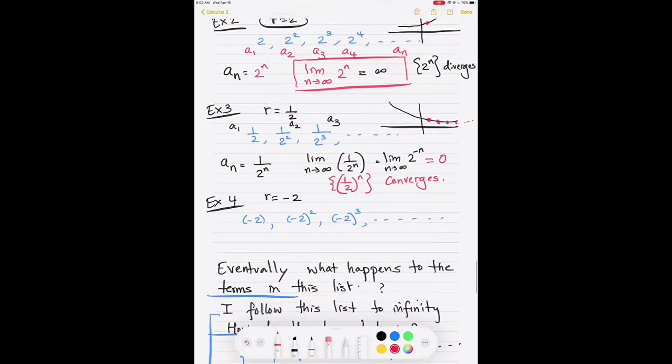Think about the next one. What about this? So a_n is what to begin with? So again, pointing out to you that a_1 is -2, a_2 is (-2) squared, a_3 is (-2) cubed. There we go. So it is (-2) to the n.